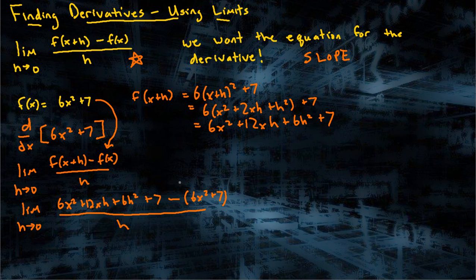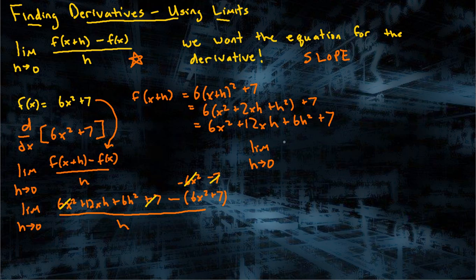Now I'm going to distribute that negative, and I'm going to note that I get negative 6x squared minus 7. So let's see what cancels right here. So I'm going to have the limit as h approaches 0, and let's start crossing some things off. The 6x squared will cancel right here, and a negative 7 and a plus 7, those will cancel.